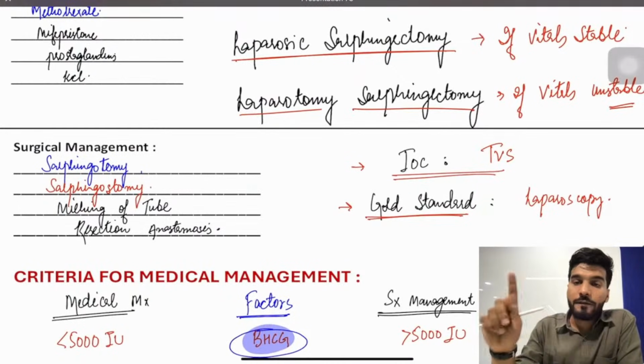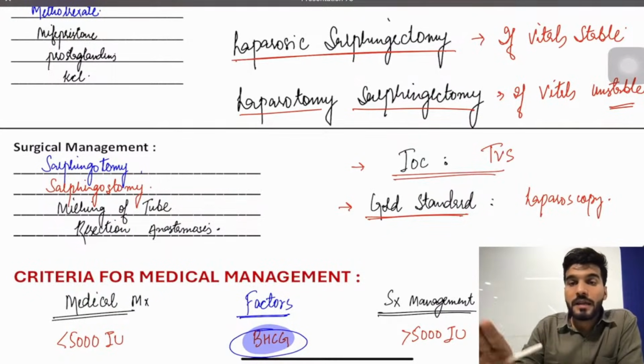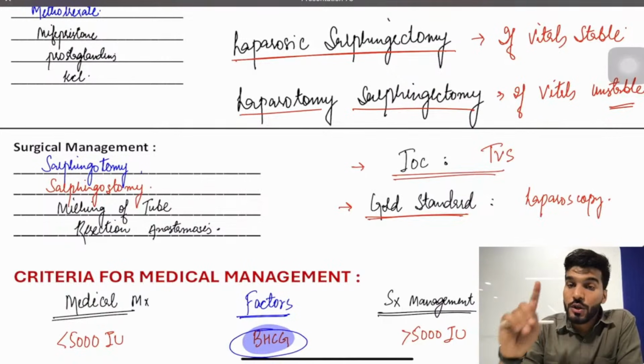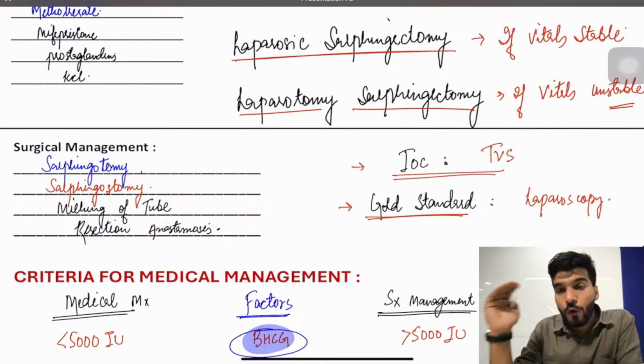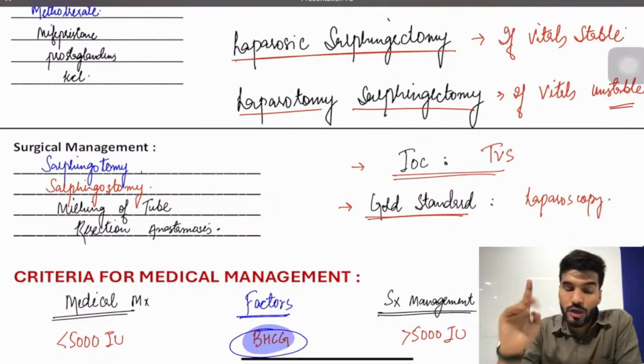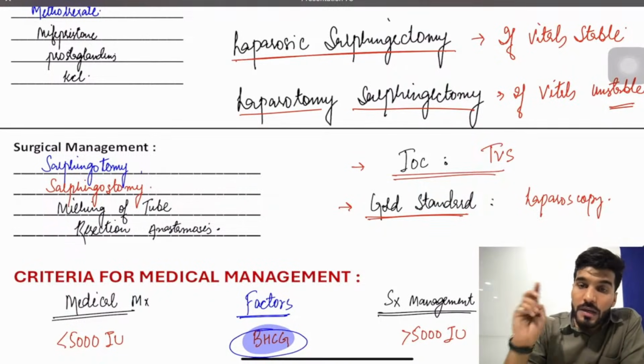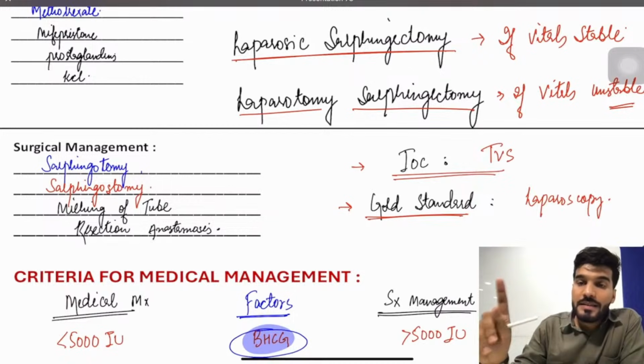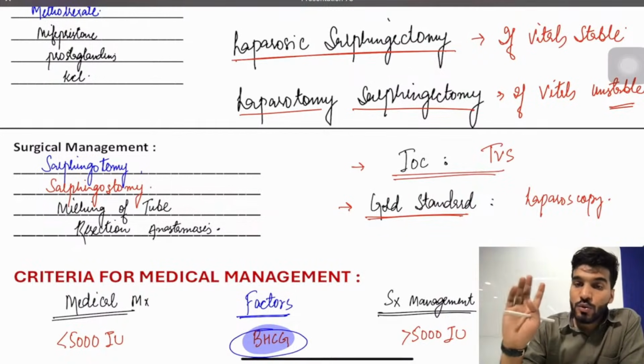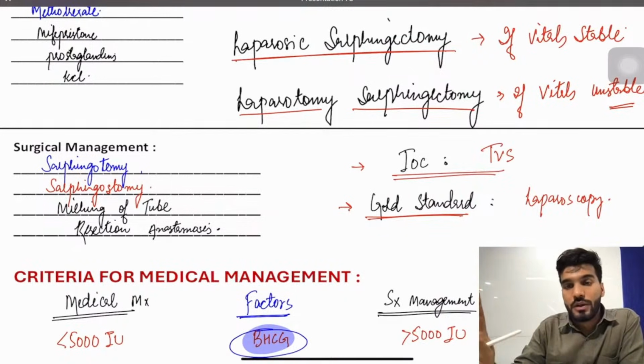If it is doubling after 48 hours, it's going to be intrauterine pregnancy. If it is doubling in 5 to 7 days, it's going to be ectopic pregnancy. And if there is a fall of more than 50%, it's going to be a case of abortion. Remember these three scenarios.